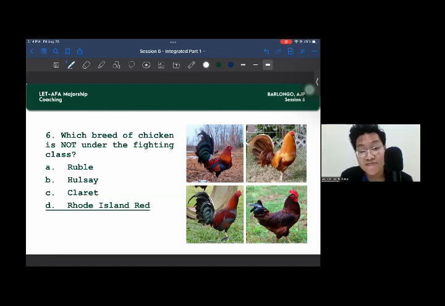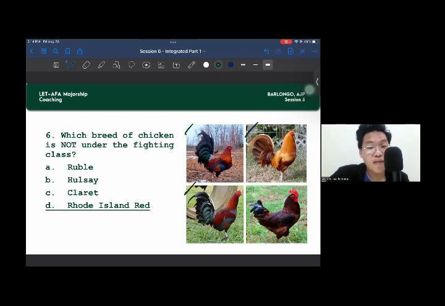Ayan. So, what is the common phenotype? What is the common quality na meron yung tatlo? So ito pala is yung letter A. So this is our rubble or ruble. This is hulsay. This is claret, and this is the Rhode Island red.